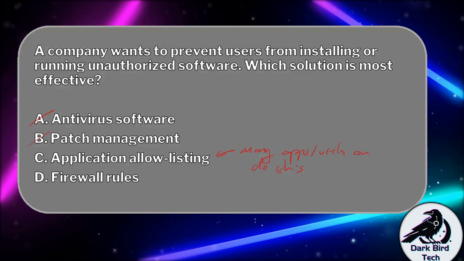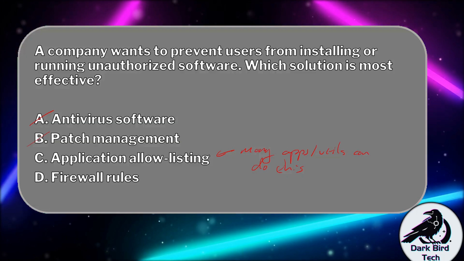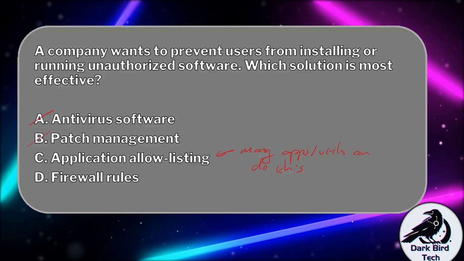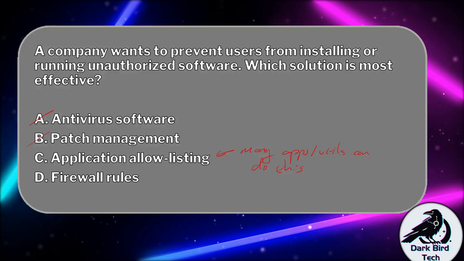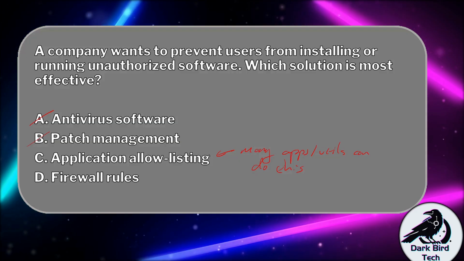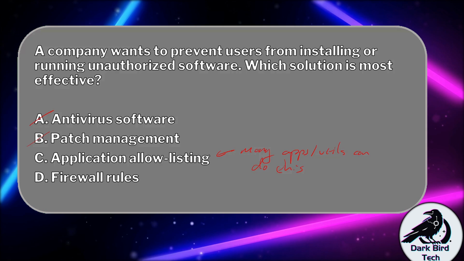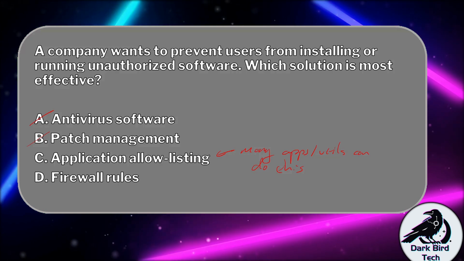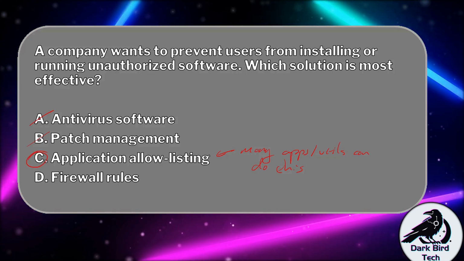You'll never be done creating a list that blocks things. But a list of things that says these things are allowed at work will always be something you can be confident that you've got complete. It just might cause the occasional problem whenever a new workplace utility, application, or software is being deployed. So I'm going to go with that one.